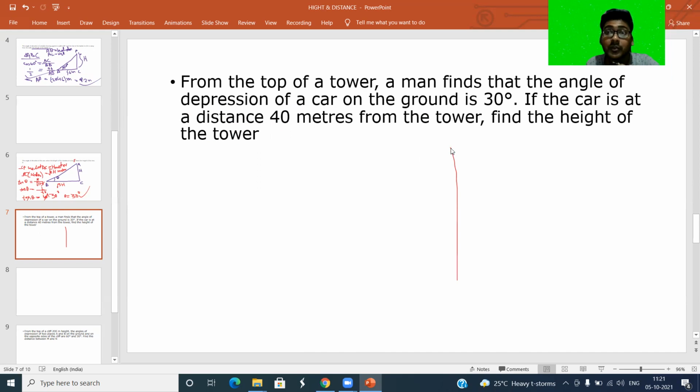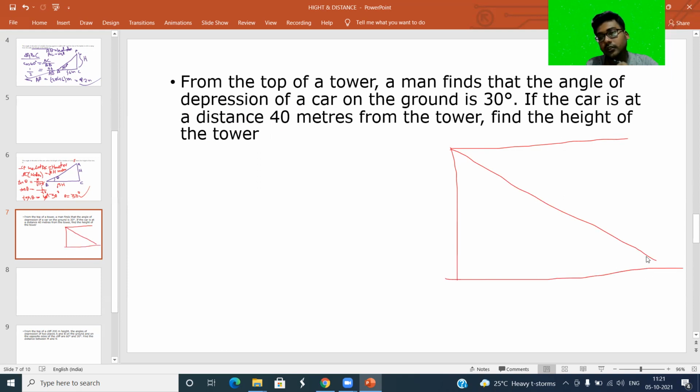Angle of depression means there is a horizontal line. If the point is below the horizontal line, it is the angle of depression. It is the horizontal line and the point is here. This is the ground line, and it is a triangle ABC.